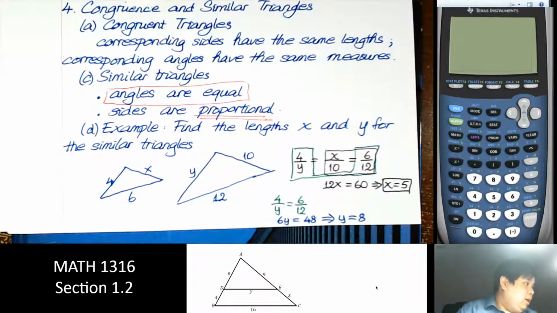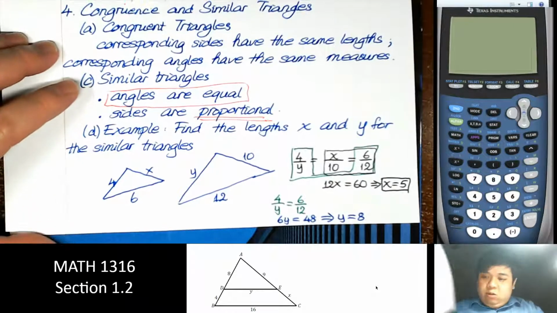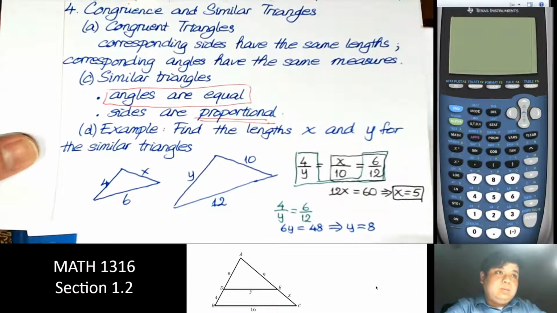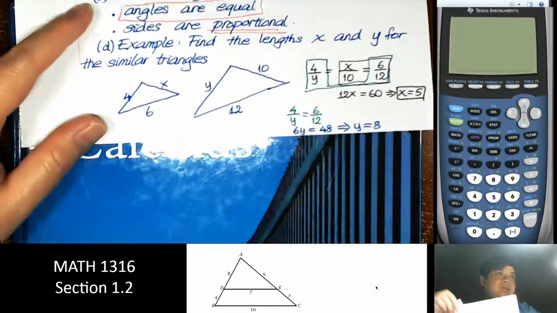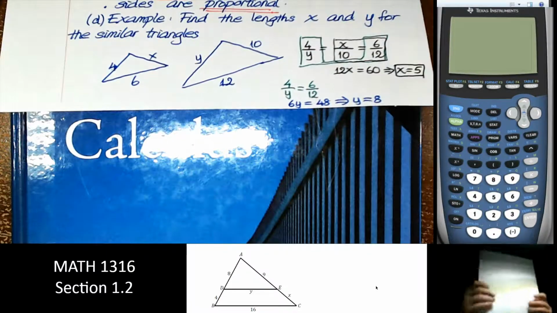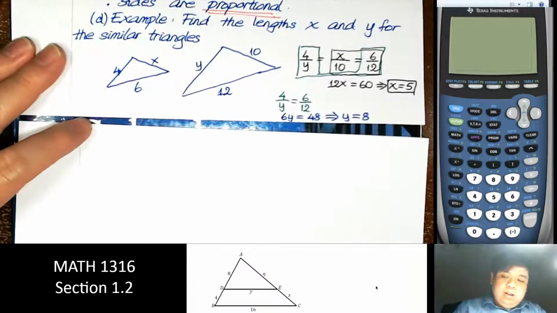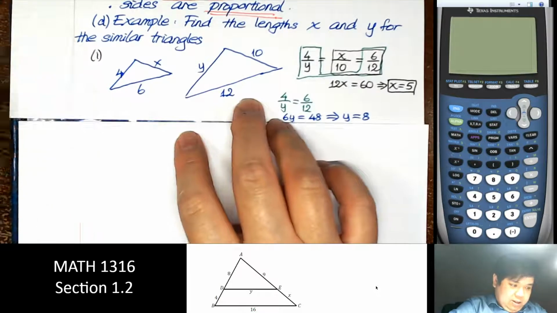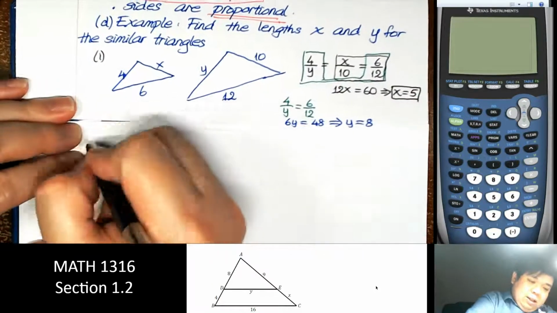Right. Next we have triangles. So this is the first example. Now we're on the second.